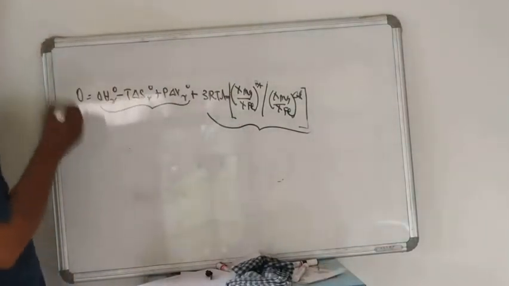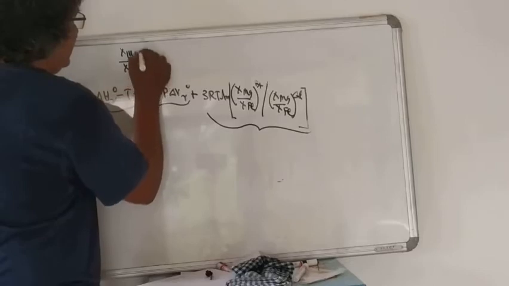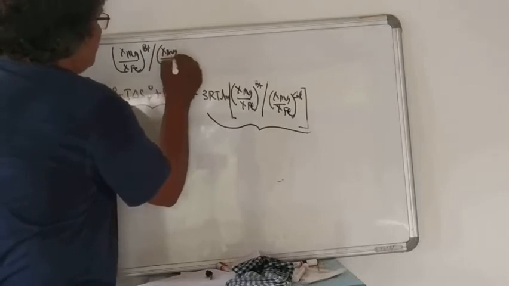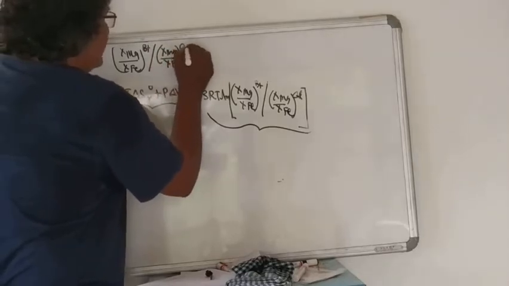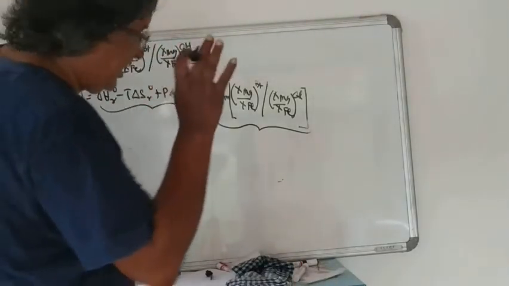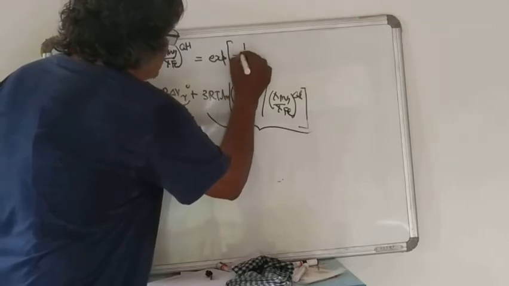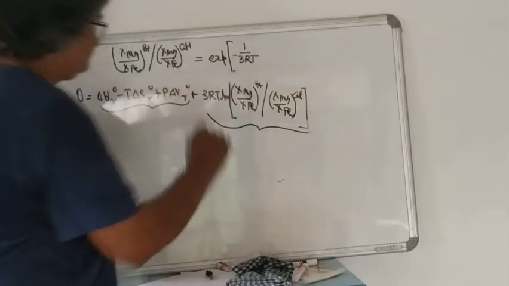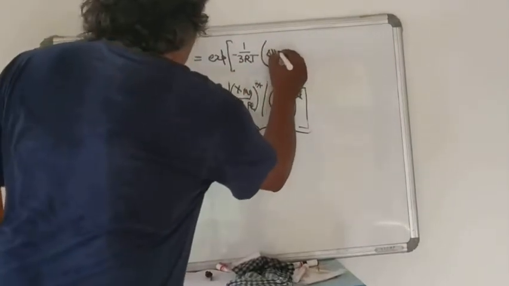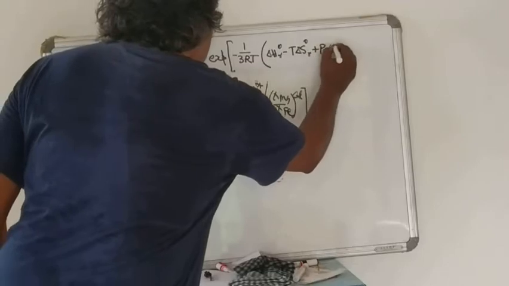So I will write x Mg by x Fe biotite divided by x Mg by x Fe garnet is equal to, I will give you a little time, exponential minus 1 by 3RT into del H R 0 minus T del S R 0 plus P del V R 0.